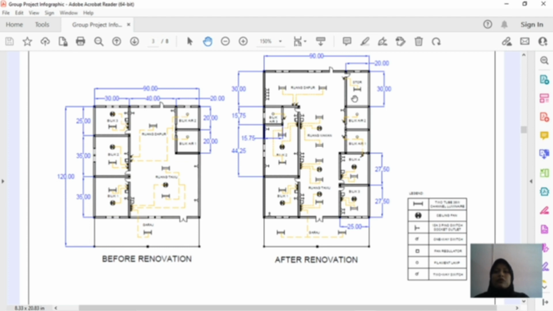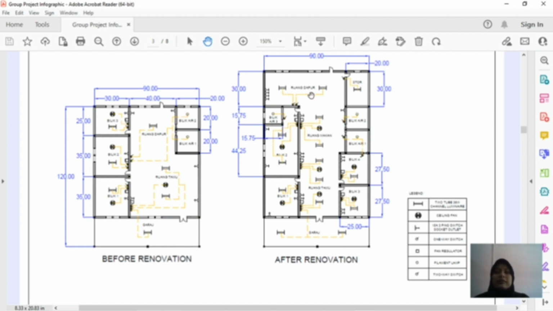At the back we add the store, and the store area is 30 times 20 mm. The electric component in the store is 1 unit of 2 tube 38 watt channel luminaire with 1 switch.